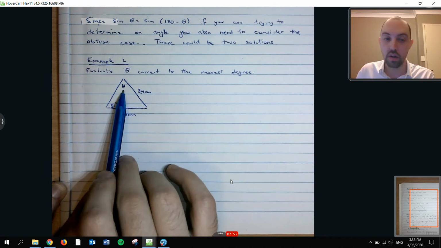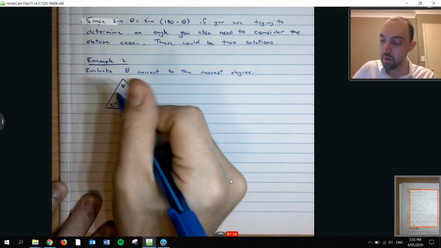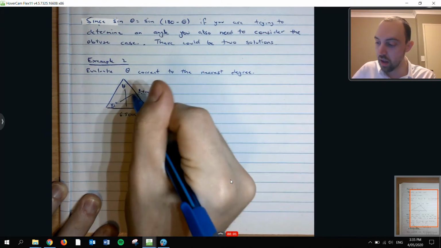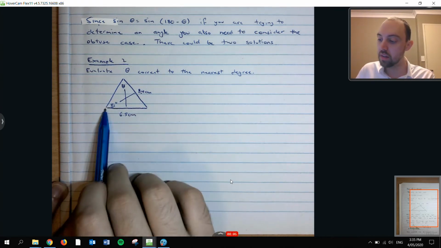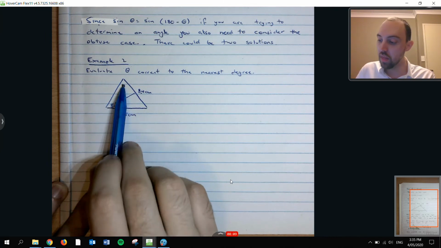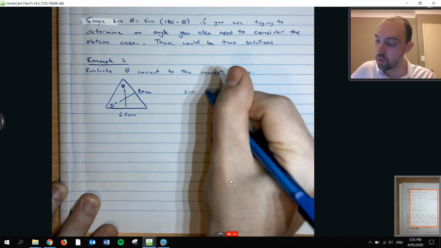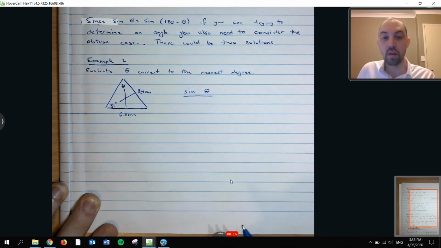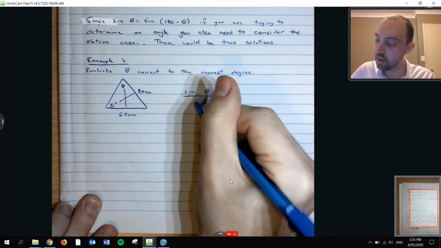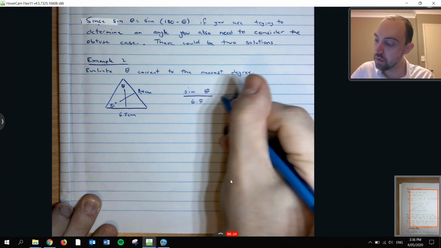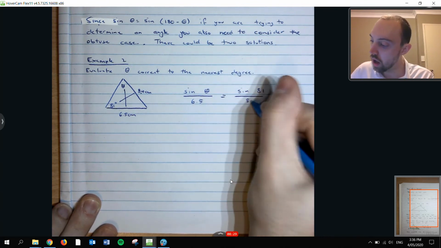Okay, we've got an angle theta, which is what we're trying to work out to the nearest degree. We have its opposite side, and we have 81 degrees and its opposite side. Now, because theta is the unknown angle, I'm going to use sines on top for this part. So sine theta on 6.5 is equal to sine of 81 on 8.4.